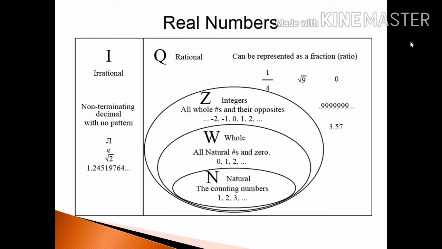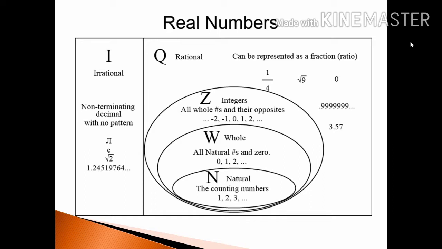Under the rational numbers, we have capital Z for integers, from negative infinite to positive infinite. We have W, the whole numbers, from 0, 1, 2 to positive infinite. And last are the natural numbers, also known as the counting numbers, starting from 1, 2, 3 to positive infinite. Now, these are some of the basic concepts in order to fully understand the second problem.